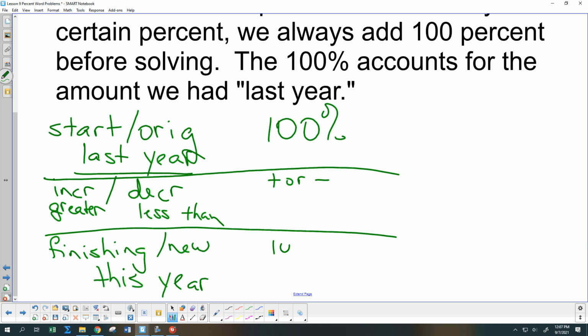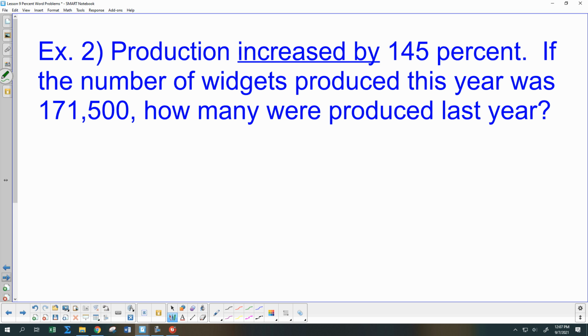And it's either the 100 plus something or the 100 minus something, depending on whether we were increasing or decreasing. So let's do one example, just increasing for today. But you'll start seeing some soon that are decreasing.